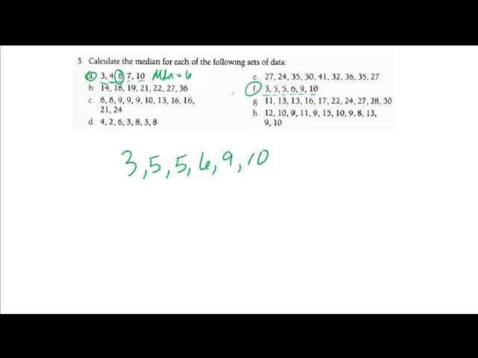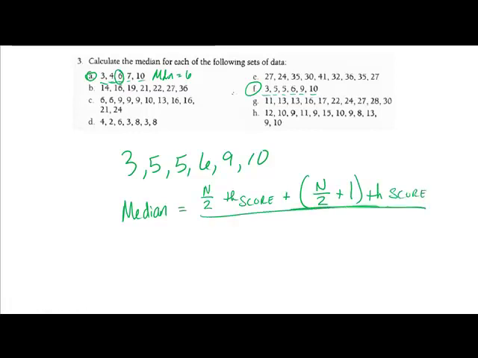So what do we do? The median is equal to n divided by 2 score plus n divided by 2 plus 1 score. And because this is two numbers, we're going to divide it by 2.